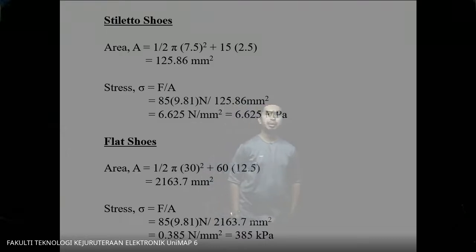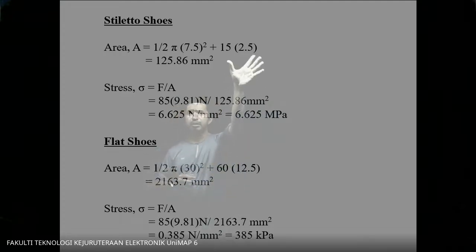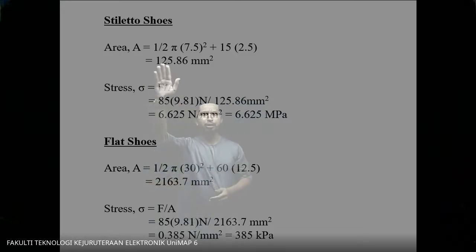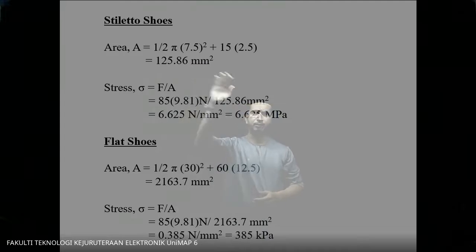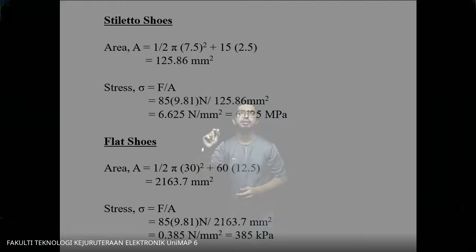Okay, first we need to calculate the area. So pi r square divided by 2 for the semicircular area. And then you need to add the area of the rectangular part. So you will get 1 to 5.86 millimeters square. But as I said to you just now, please convert it earlier from millimeters to meter.